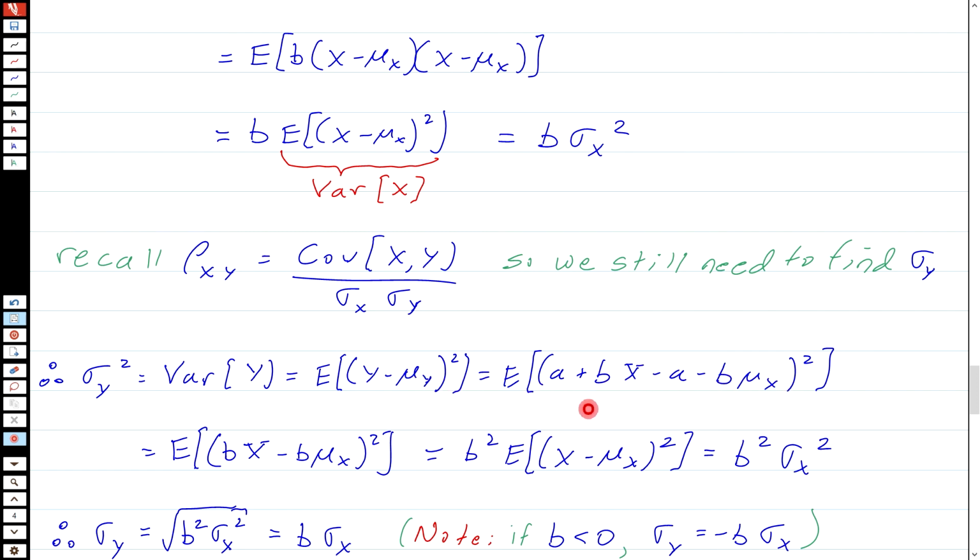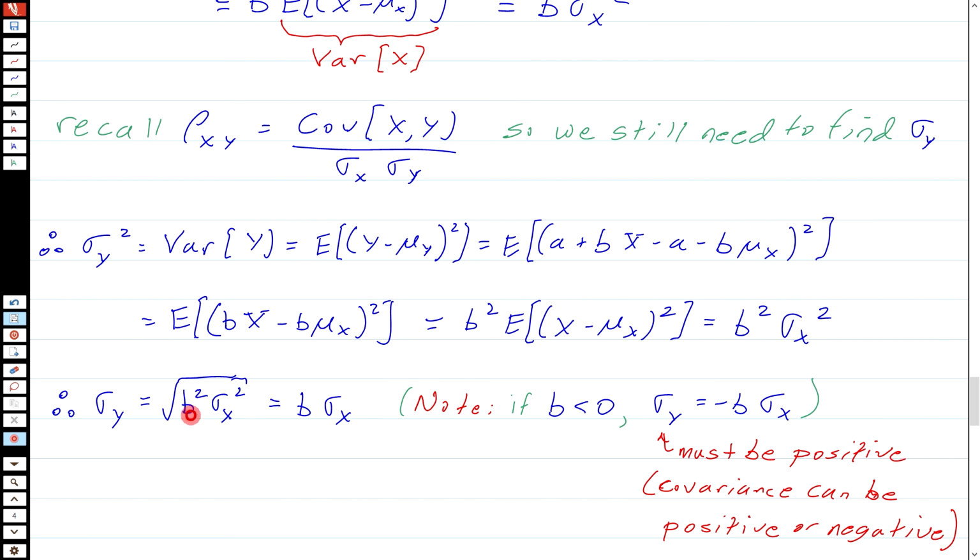So this quantity here is a plus bx minus a minus b mu of x, all squared. So the a's cancel again, and I'm left with bx minus b mu of x quantity squared. The b can factor out, and it becomes b squared, and I can bring it right out front of the expectation. So b squared times expected value of x minus mu of x quantity squared. This, of course, is just the variance. So the variance of y is b squared sigma x squared.